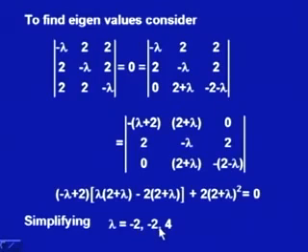So 2 roots are repeated and 1 is 4. We have 3 eigenvalues for this given matrix A.